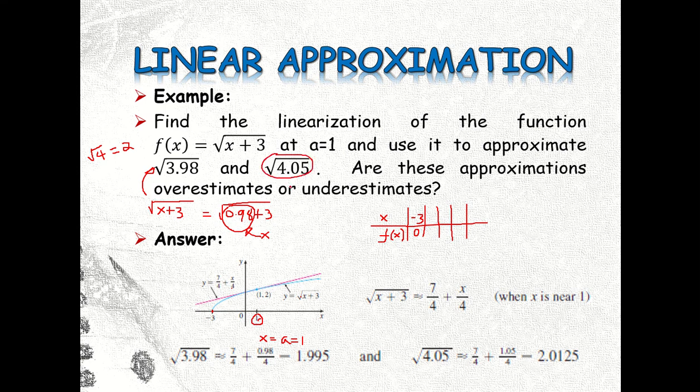Okay, now for this part here, again, you have to break this into square root of x plus 3. What is that value of x such that when you add it to 3, you will have square root of 4.05?